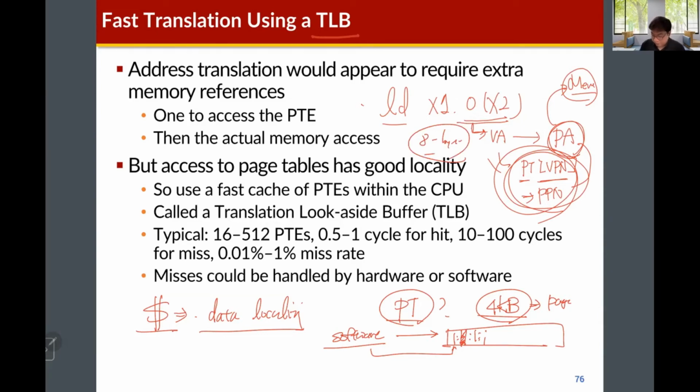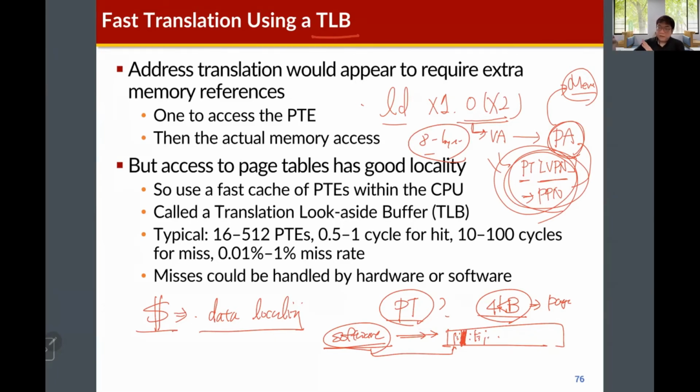If this data is requested by a load instruction, then with high probability, because of the spatial locality of the data, we can expect that the same software will access neighbor data, which can be included in the same page. Do you understand? Because the data exhibits very strong spatial locality.